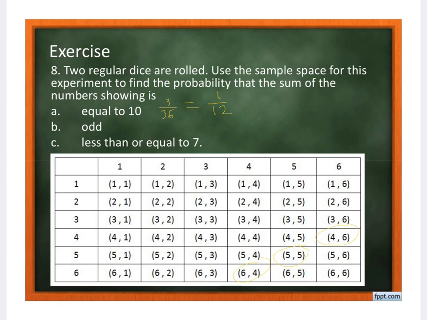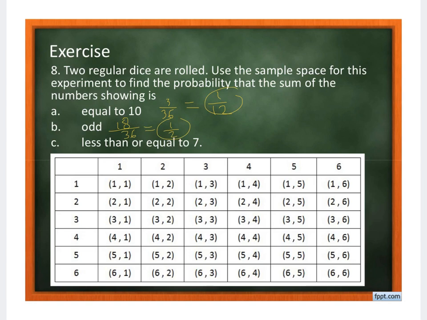Odd numbers, there is half of the sample space. So 18 over 36, so equal 1/2.